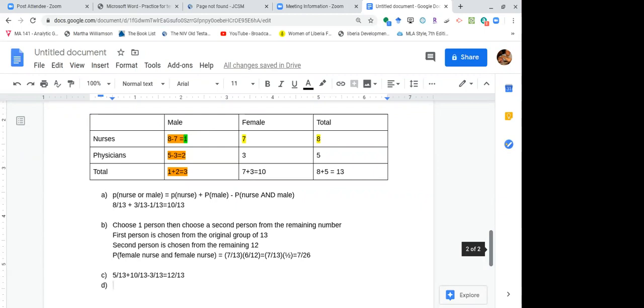What's 10 over 13 plus 3 over 13? 13 over 13. Right, you're correct. I'm less concerned about the answer here than I am about you recognizing what makes this problem different from A and C. Well, it's two categories that don't overlap.